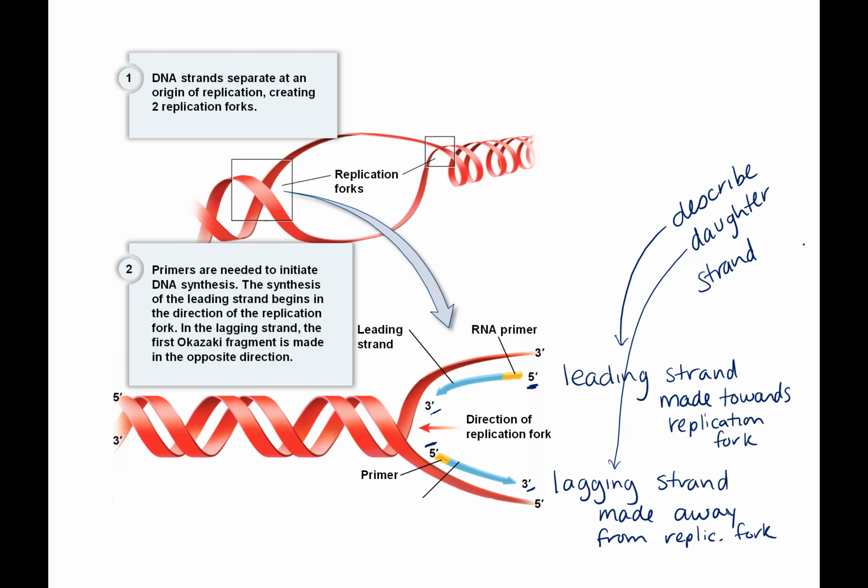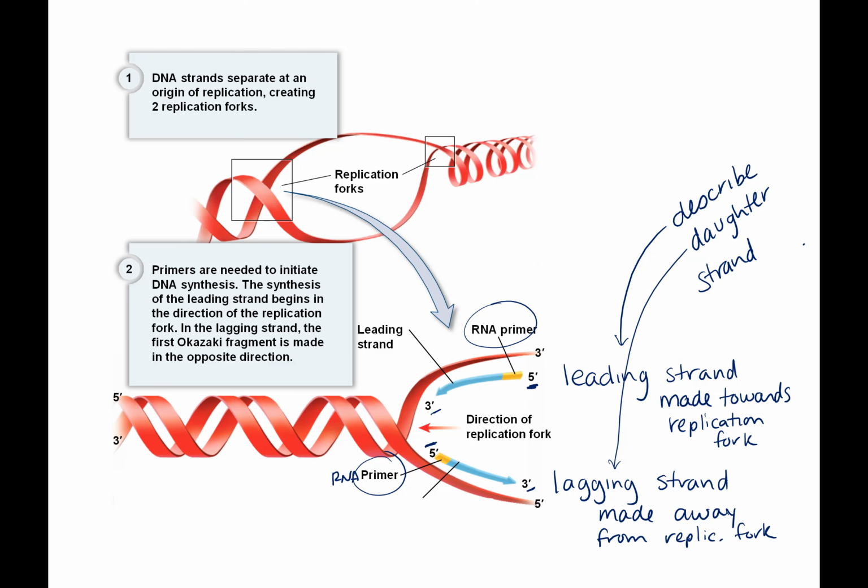Okay. Both start with an RNA primer. Both are using DNA pol delta as the polymerase. I'll show you why we call the lagging strand lagging in a second, but I want you to be able to recognize leading versus lagging strands.